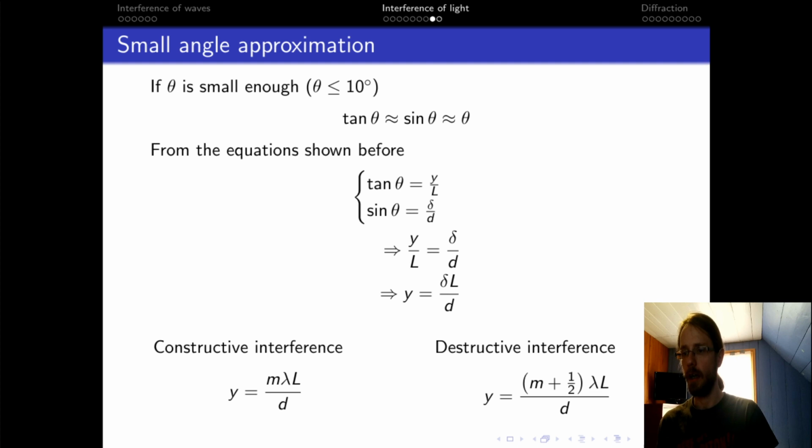Otherwise, we'll start working on diffraction, which starts our study of chapter 36.